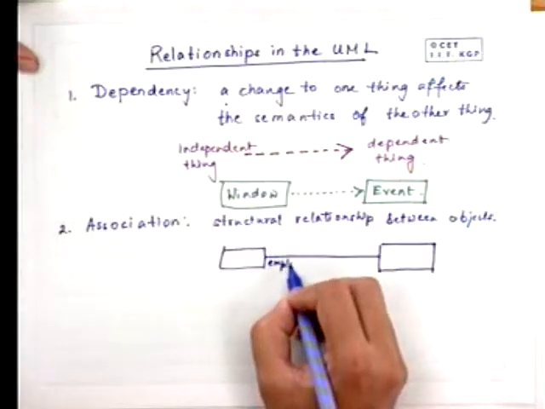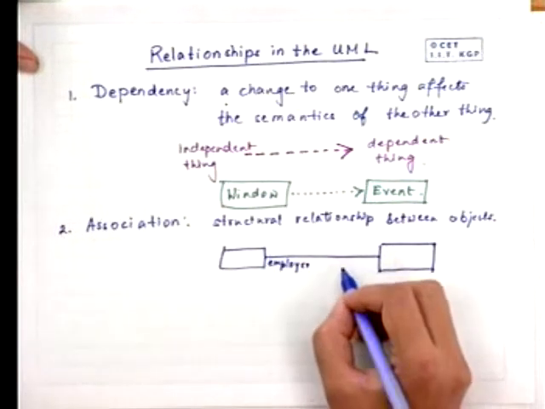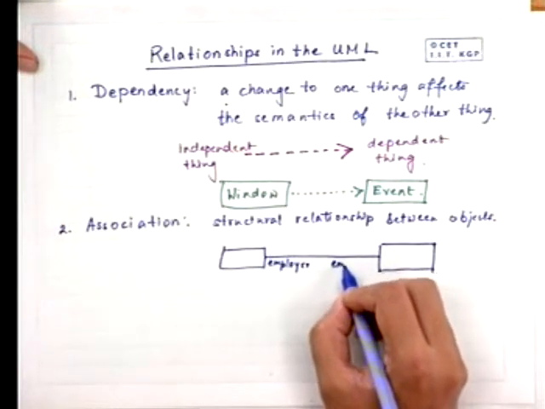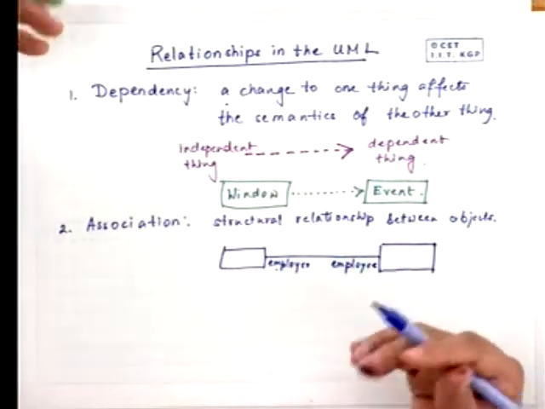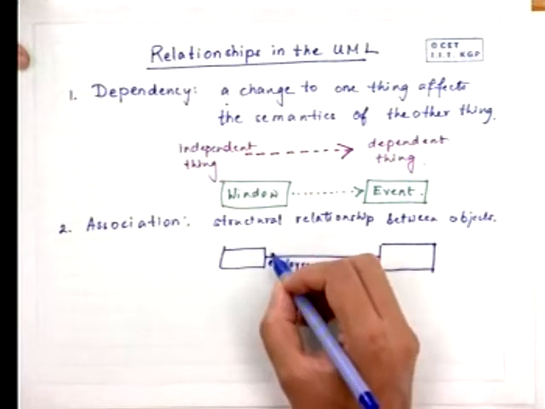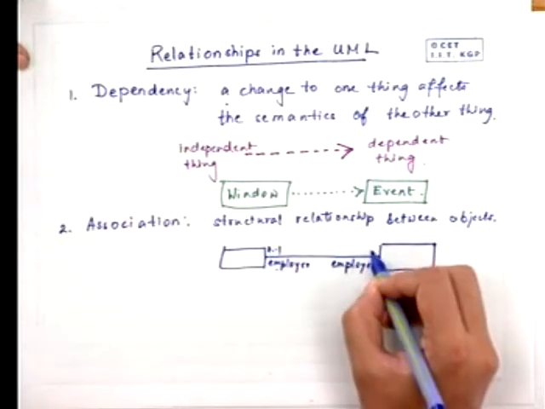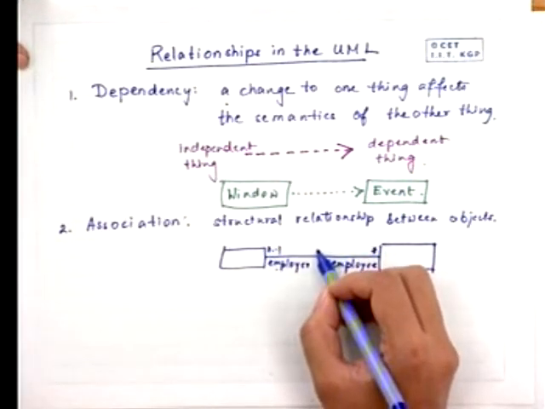And there are several ways this association relationship is labeled. For example, if this is an employer object and this is an employee object, this link is named by employer on this end and employee on this end, and we often also denote the multiplicity of the relationship. We also give this relationship a name.